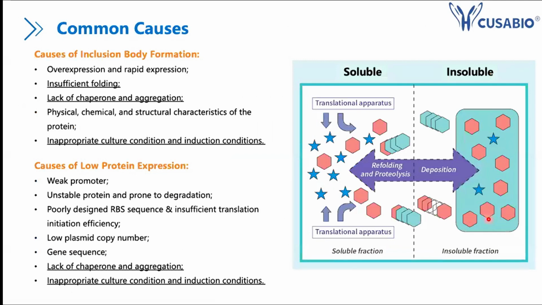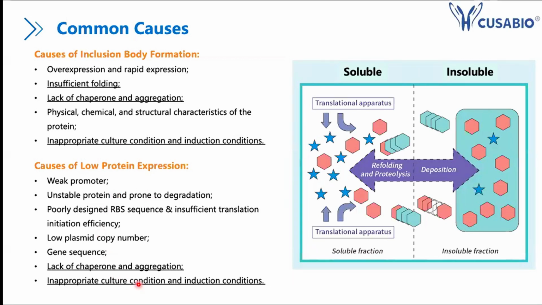And here I have some common causes of the challenges, and I'm not going to introduce them one by one. What I want to highlight in this slide is that for some types of key challenges, the causes can be the same. For example, the lack of chaperones and proteins tending to aggregate together are common causes for different challenges.